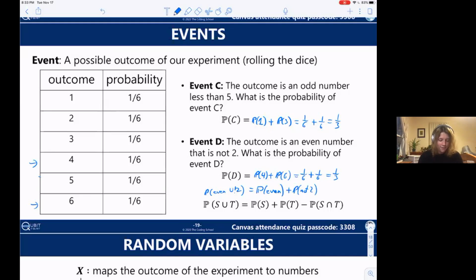So we have 5 out of these 6 are not 2, but then we also want to remove the terms that are present in both of these. So if we are even and we are not 2, let me see if I can get this written out correctly. I guess that's just the intersection of the two.